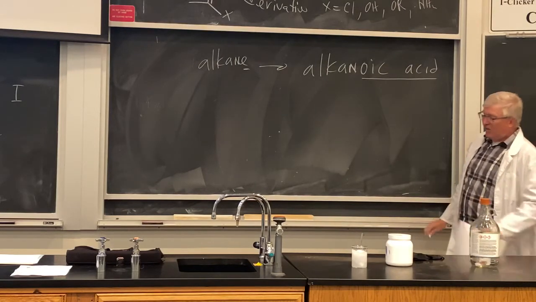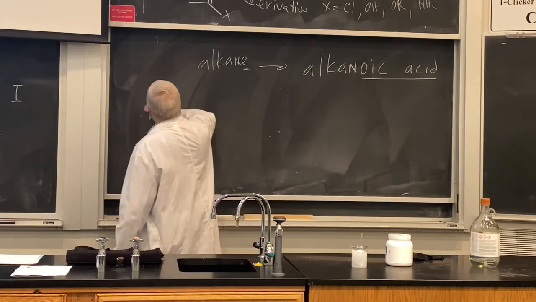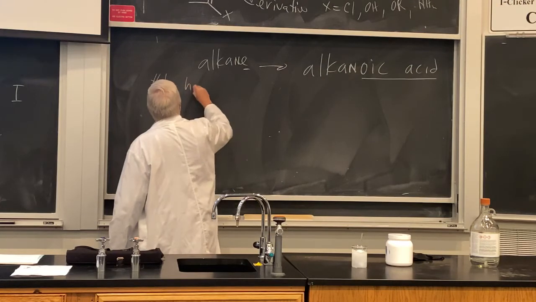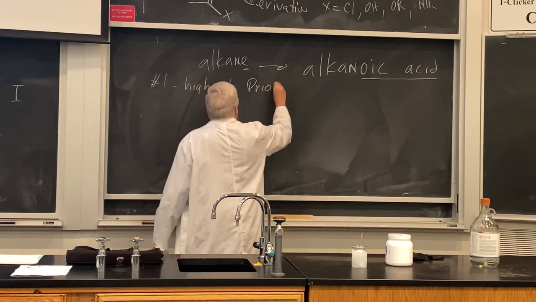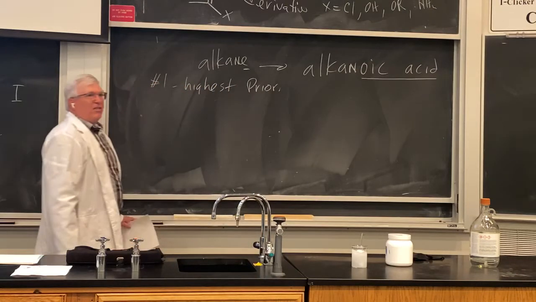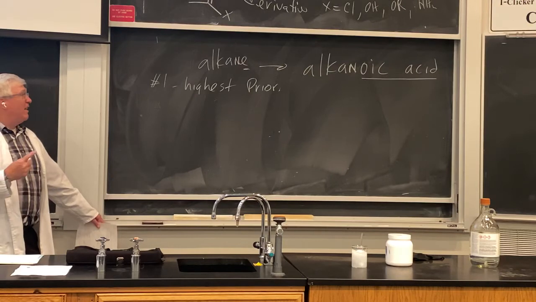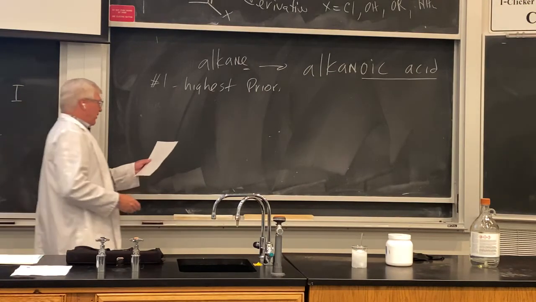The thing about carboxylic acids on a straight chain is that it always gets number 1, and it has the highest priority. That means everything else, including alcohols and alkenes, is numbered in relation to the carboxylic acid being on the end, which has number 1.